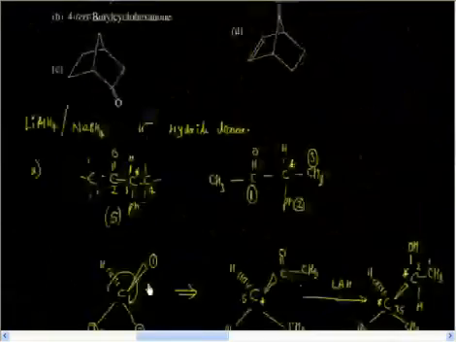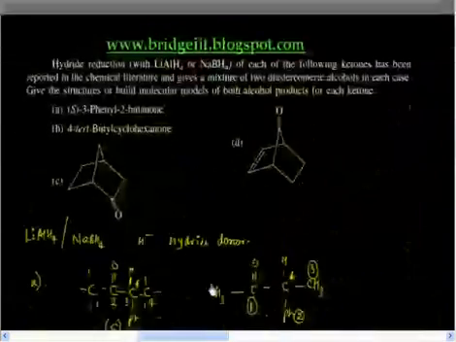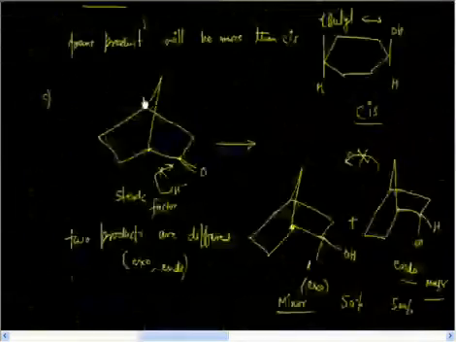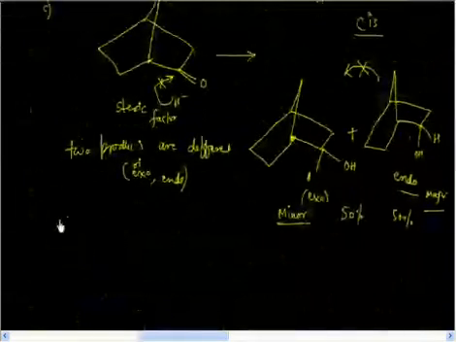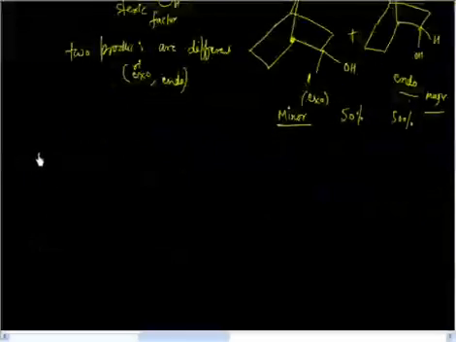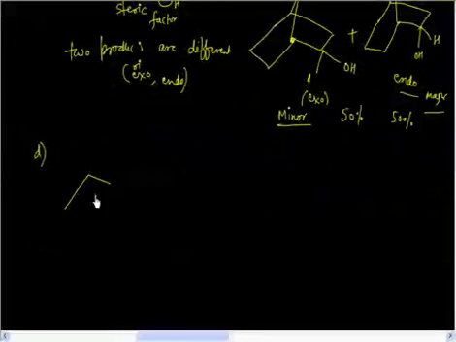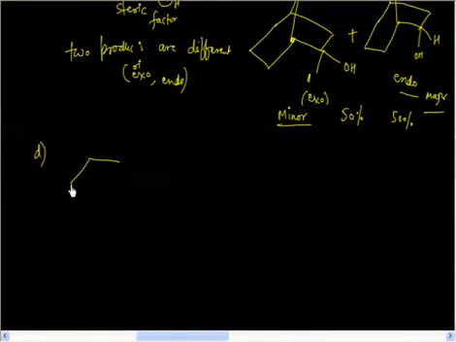Now let us discuss the next one. So this says you have this compound, same thing. This side only you have a double bond. So this is D. You have the same compound. So let us make something like this. So here you have a double bond. Only difference.